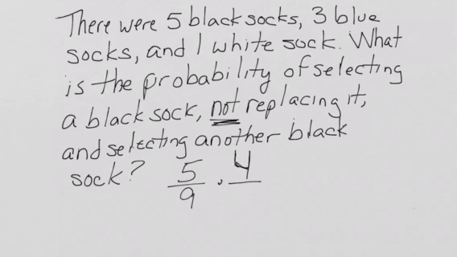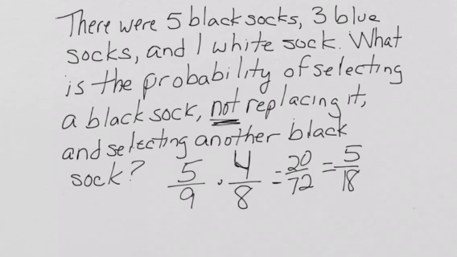Well, if we didn't replace one, there's now 8. So we simply multiply and we get 20 over 72, which simplifies to 5 over 18. So there's a 5 in 18 chance.